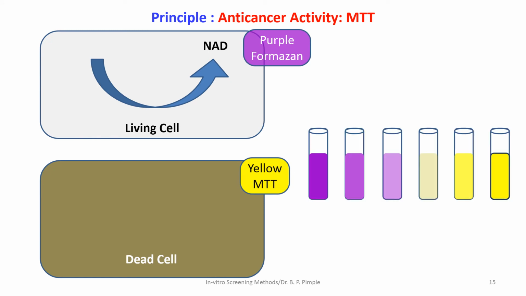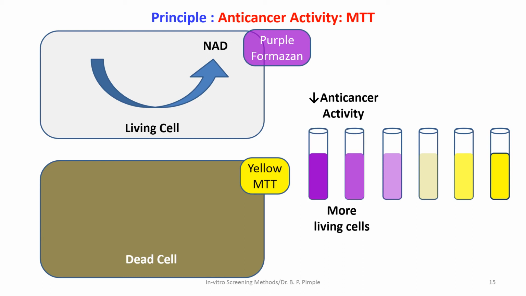Therefore, suppose after the test you get these test tubes, the extreme left test tubes, like purple color test tubes, they can be concluded to have low anti-cancer activity because more living cells are present in them.